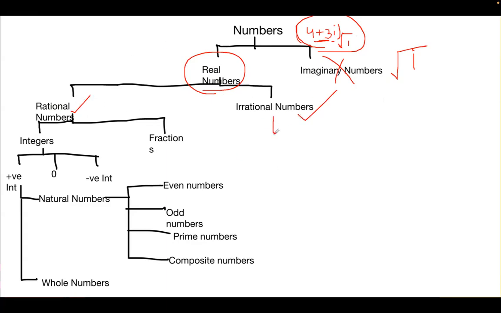These irrational numbers are nothing but like root 2, root 5, root 7, like that. These are all irrational numbers. If we solve root 2, it is 1.414 and so on.